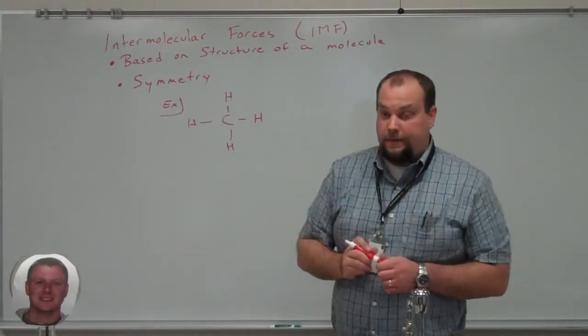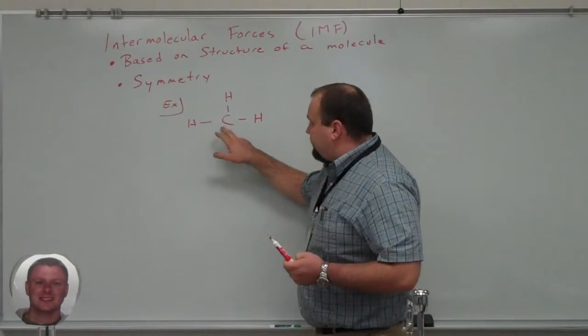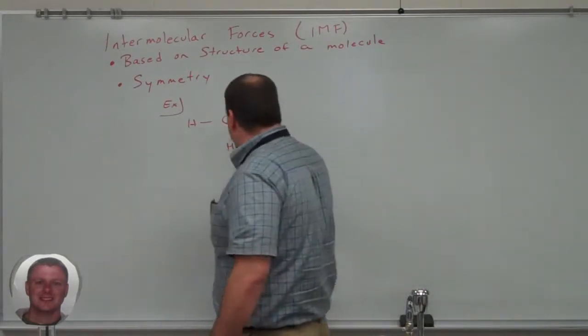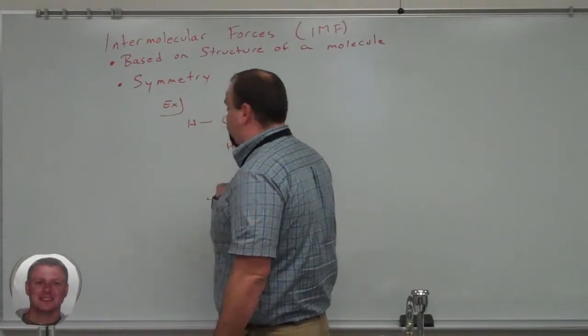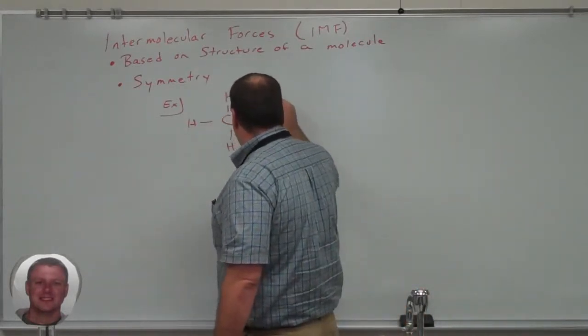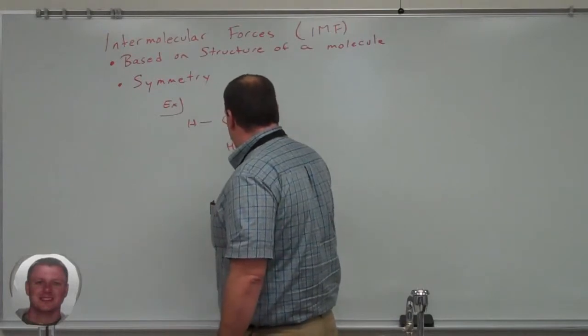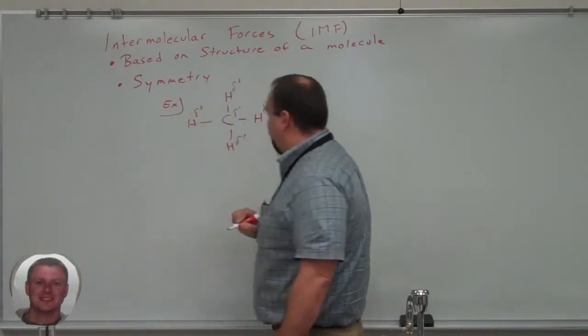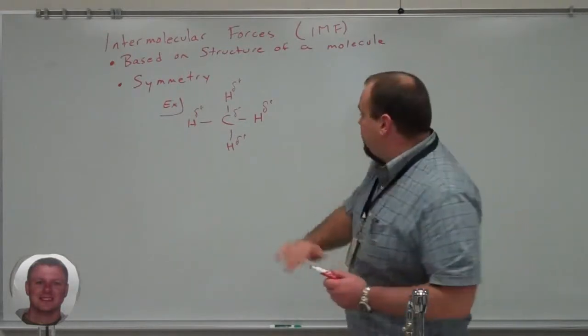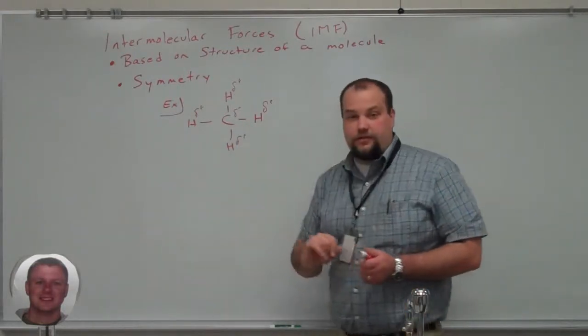Now, it's not going to share its electrons equally though. Carbon is more electronegative. That means it has a partial negative charge, and my hydrogens have a partial positive charge. So there is a dipole present.